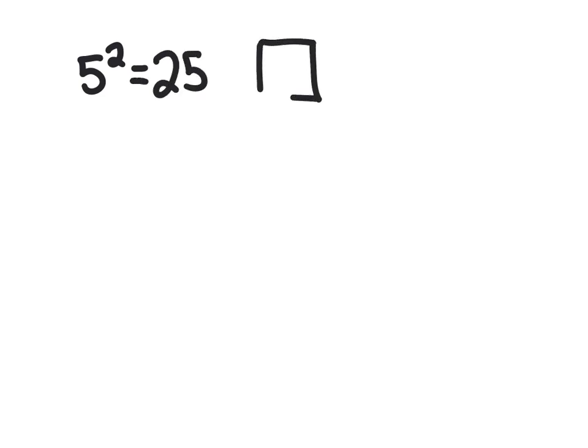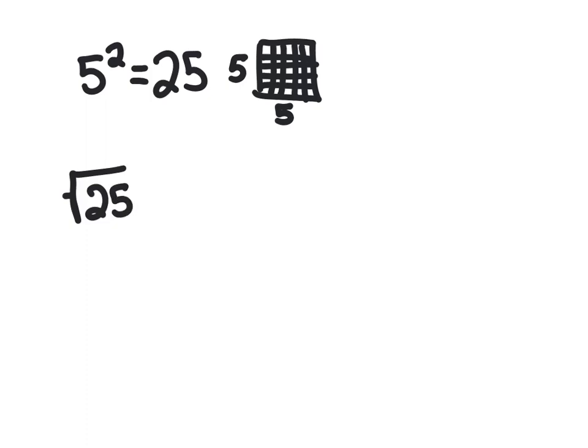Let's look at another example we know. We know that 5 squared, or 5 times itself, is 25. This means that if we were to draw a square that had side lengths 5 and 5, we would end up with 25 square units inside. If I want to undo that, I would have the square root of 25.